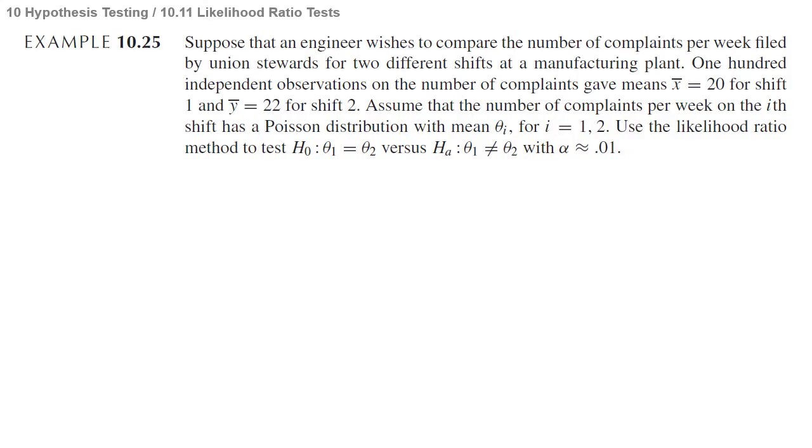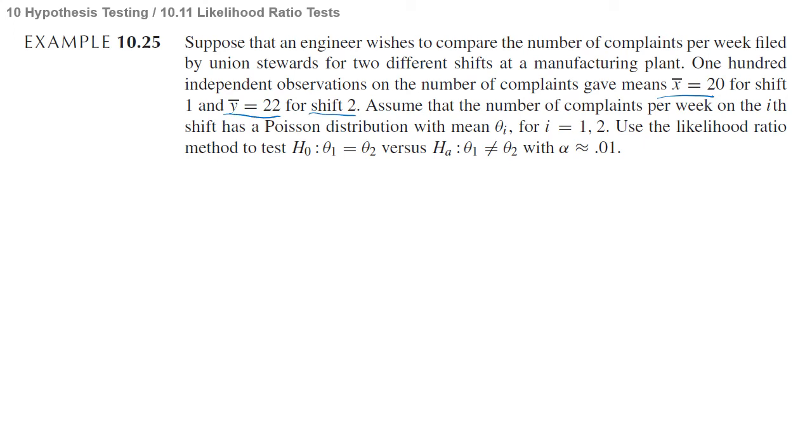Let's move on to example 10.25. Suppose that an engineer wishes to compare the number of complaints per week filed by union stewards for 2 different shifts at a manufacturing plant. 100 independent observations on the number of complaints gave means of x bar equals 20 for shift 1 and y bar equals 22 for shift 2.